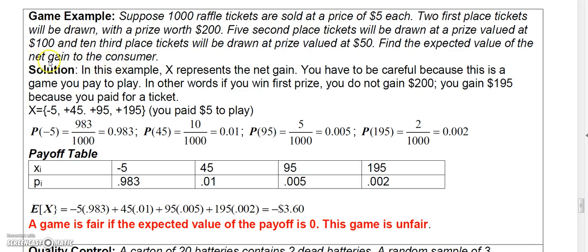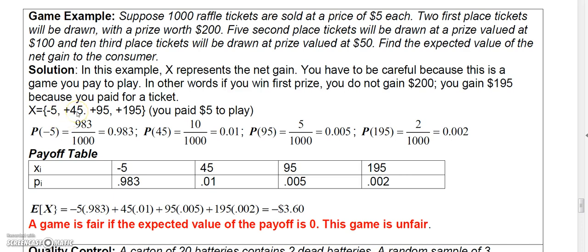So now I'm looking for the net gain to the consumer. I'm not looking for the number of tickets or anything like that. So let's let X represent our net gain. Now, here's where you have to be careful. You've got to remember that you pay to play. So if you don't win anything, you actually lost $5.